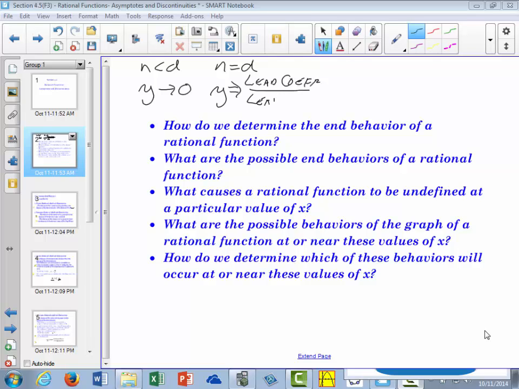And finally, if n is greater than d, so the degree of the numerator is larger than the degree of the denominator, then our y function begins to approach a non-vertical asymptote, which is found by division of the denominator into the numerator.